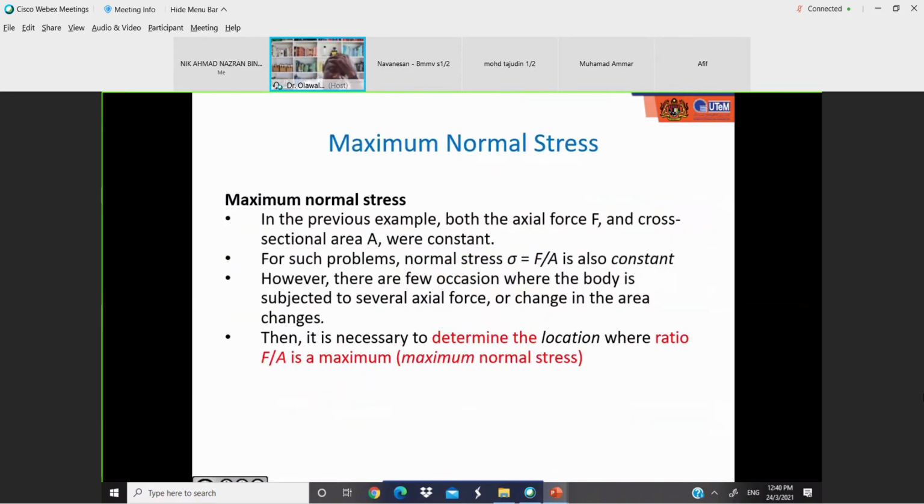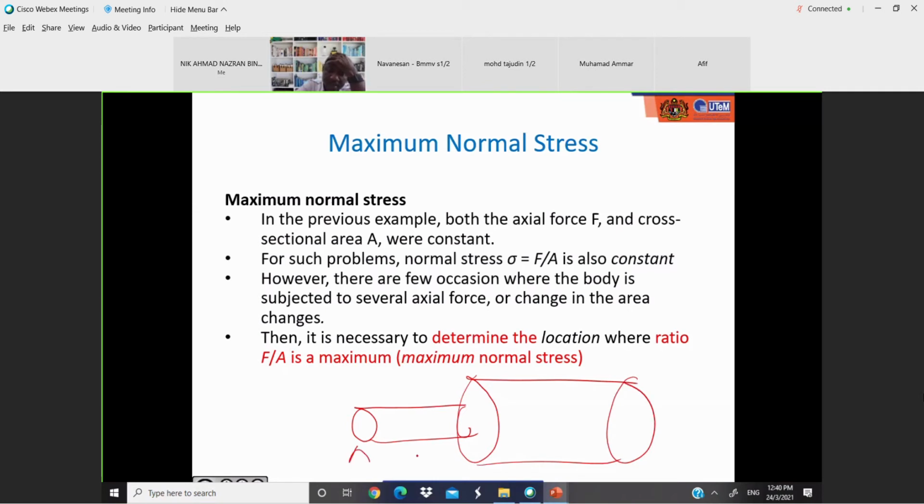Or you have this: A, B, and C. Here you have 10 kN, and here you have 10 kN. Your area here is 1 and this is 2. Your stress at 1 is not equal to stress at 2.